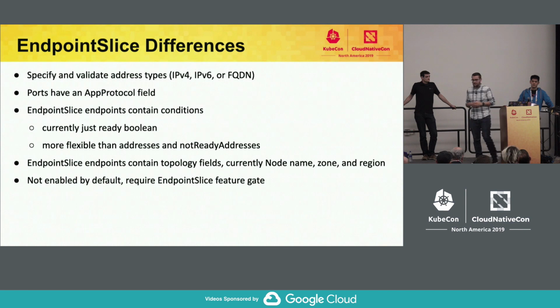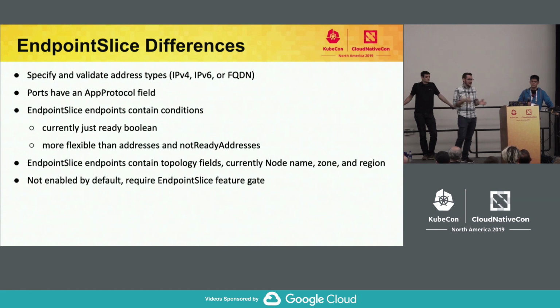So one of the big additions with endpoint slices is we specify and validate IP addresses. So we have address types that are IPv4, IPv6, and FQDN. Eventually, we may add more address types, but for right now, that's where we're starting. And for a given endpoint slice, you know that addresses in that slice are going to be valid IPv4, v6, or FQDN, depending on the address type on that slice.